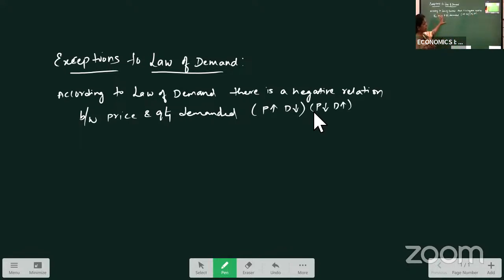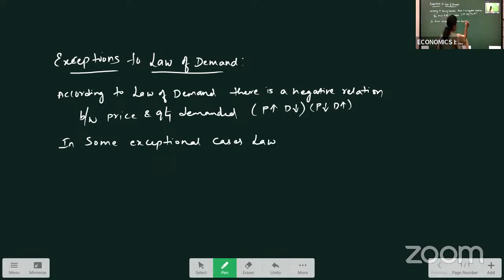This is in general. For all commodities, when price increases, demand decreases. But it is not applicable to all types of commodities. It is not applicable every time. So we can say in some exceptional cases, the law of demand is not applicable.